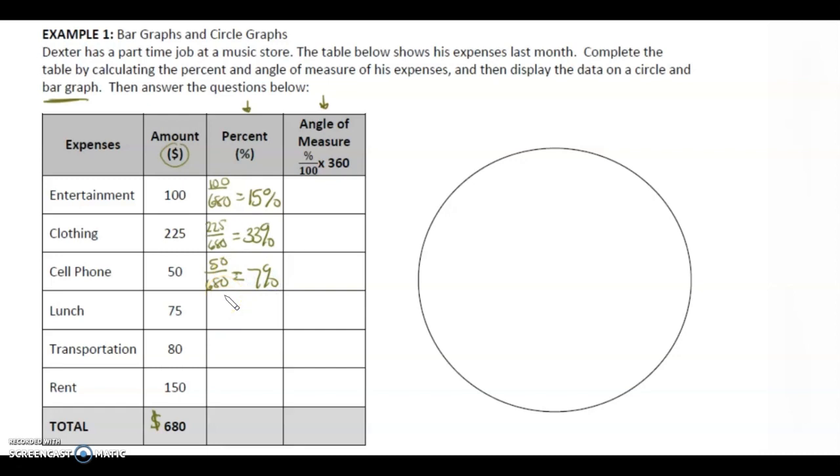Lunch is 75 over 680. So I get 11%. Transportation is 80 over 680. I get 12%. And rent is going to be 150 over 680, which is 22%.